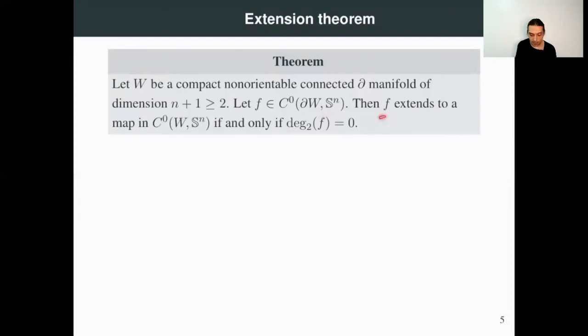Then F extends to a map defined in W with values in the sphere if and only if the degree of F modulo 2 is equal to 0. The proof of this result is analogous to the theorem that we already proved, and we are going to skip the details. If you want to read the proof, you can find it, for instance, in Hirsch's book, okay?